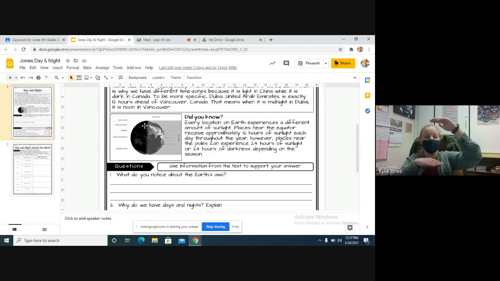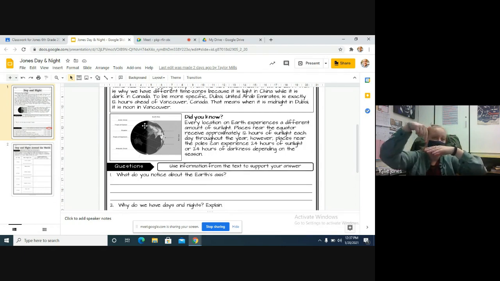Just because it's closer to a pole versus the equator, which is directly in the middle of the Earth. So Arizona is a lot closer to the equator, so we get a normal amount of sunlight, right? We get our 10 to 12 hours of sunlight, like normal, right? So we got a couple questions that we're going to do here that I'm going to have you guys do on your own.